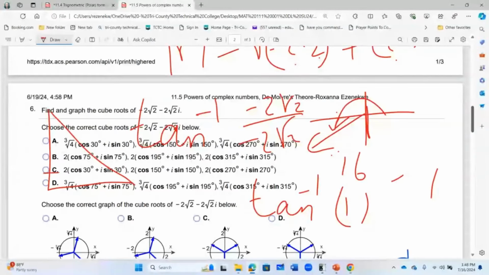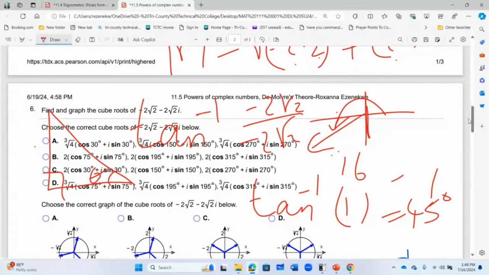If I'm talking about this angle theta, it is opposite over adjacent, so 1 over 1. And so the angle is 45 degrees. And since the angle is in the third quadrant, it is 180 plus 45, which is 225 degrees. So 225 degrees is the angle.